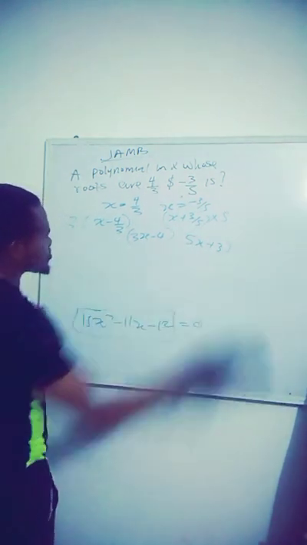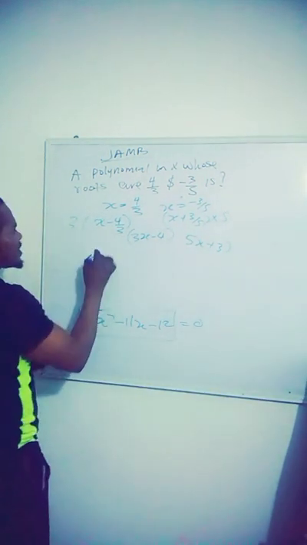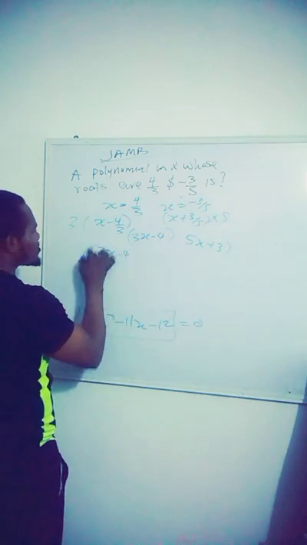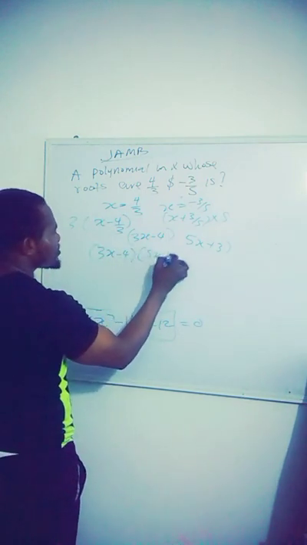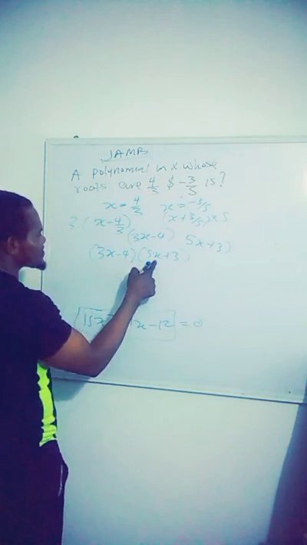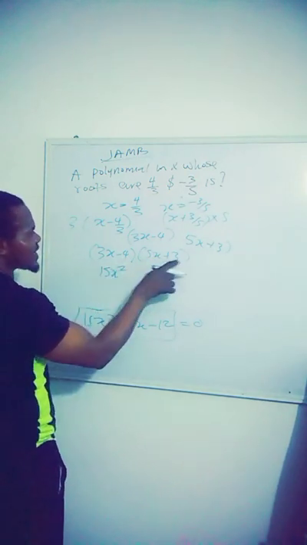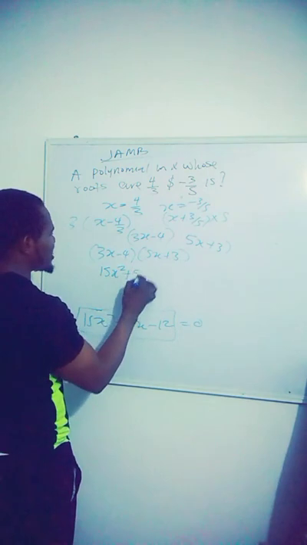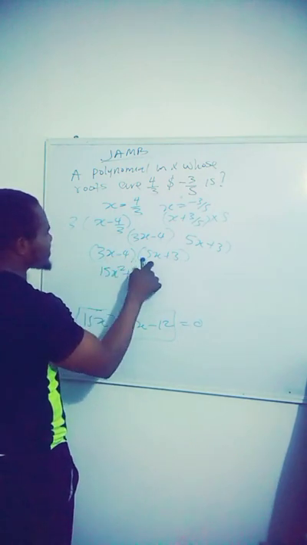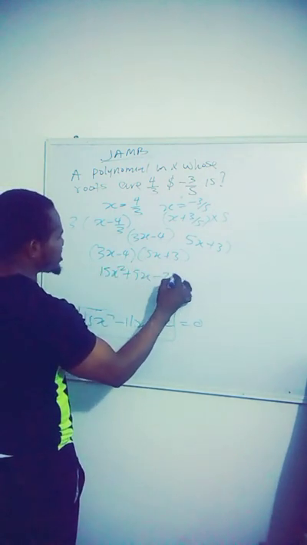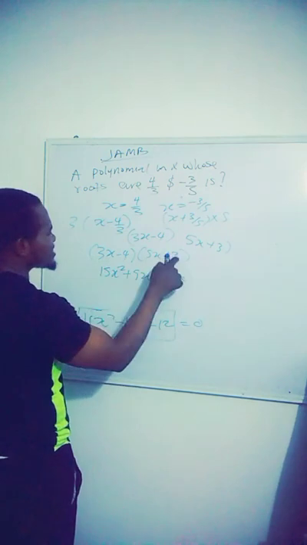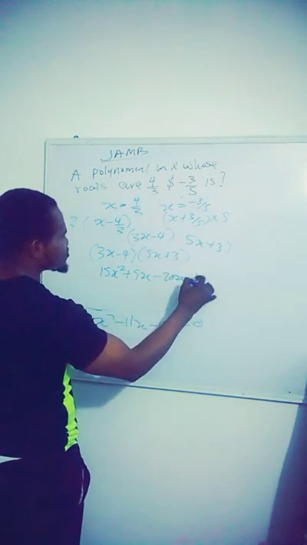Let's multiply the two and see if we get the same answer. You have 3s minus 4 times 5s plus 3. So 3s times 5s is 15s squared. 3s times 3 is plus 9s. Minus 4 times 5 is minus 20s. Minus 4 times 3 is minus 12.